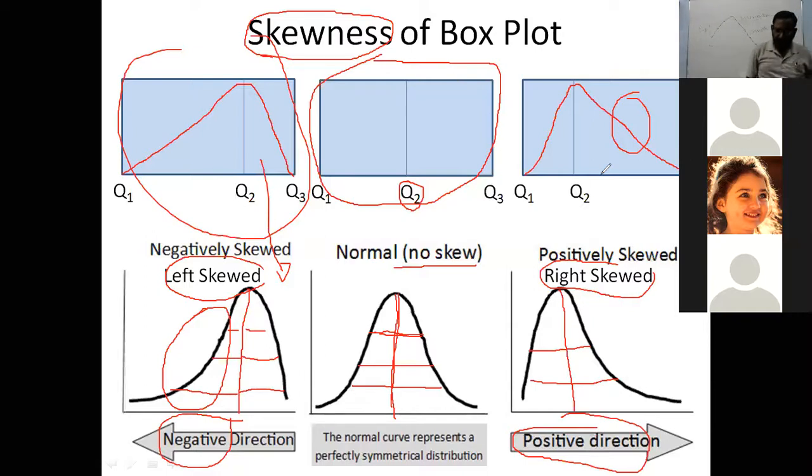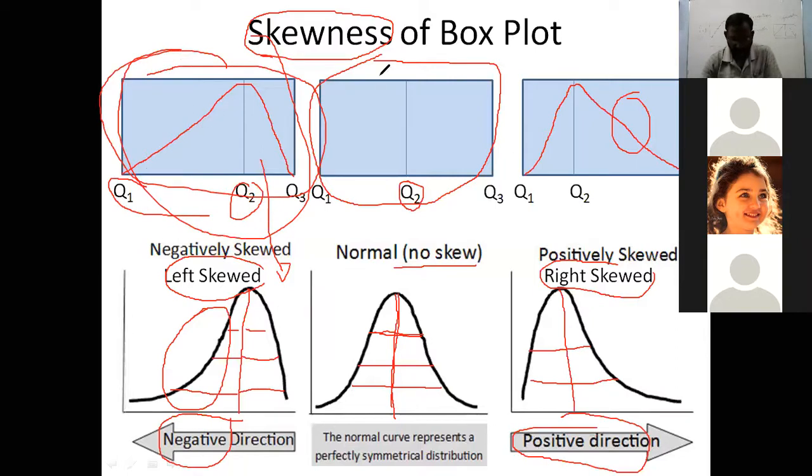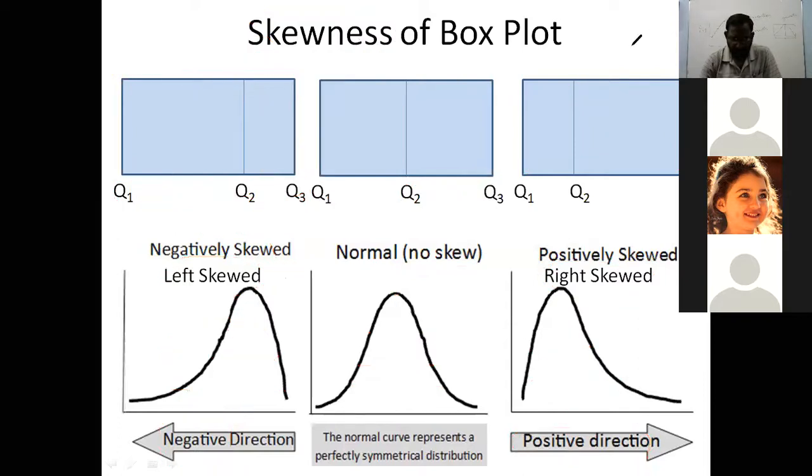I am trying to confuse you. It is because the distance between Q2 and Q3 is much less, so it is going to be left skewed. Correct, right? It looks similar to this diagram, so it is left skewed. So the middle 50% of the data can tell whether it is left skewed or right skewed, right?